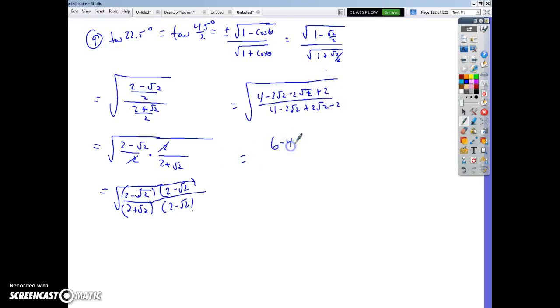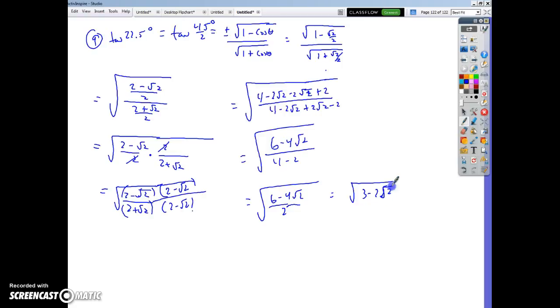That means 6 minus 4 root 2 over 4 minus 2, so 6 minus 4 root 2 over 2, which gives me square root of 3 minus 2 root 2. Again, we should have a square root inside the square root, but we're just going to avert our eyes and not see that. That's what I got. Now you do.